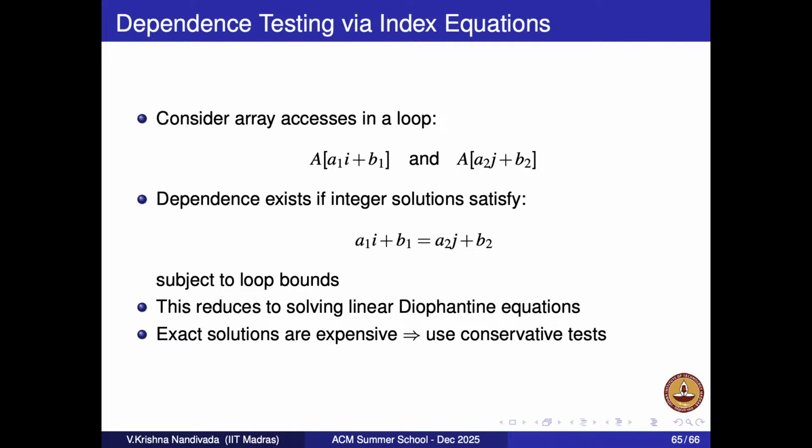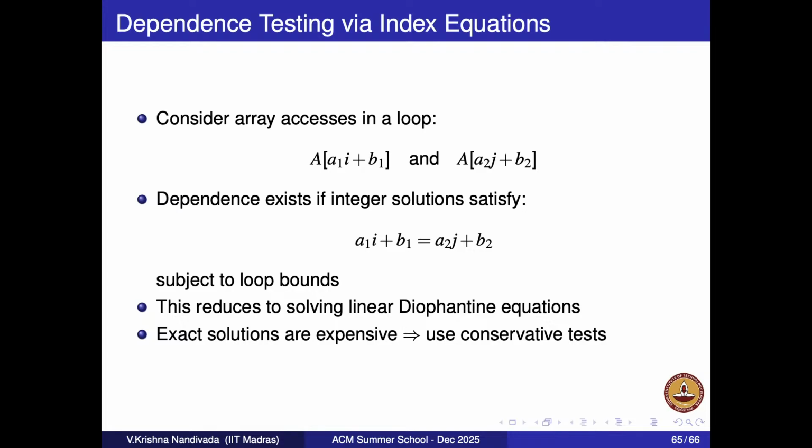What does it mean? In some iteration, let us call it I1, 2I1 plus 3 matches this element in some other iteration, let's call that I2. So I want to ask, is there a possibility that 2I1 plus 3 is equal to 3I2 plus 1 for some values of I1 and I2? Is it possible?